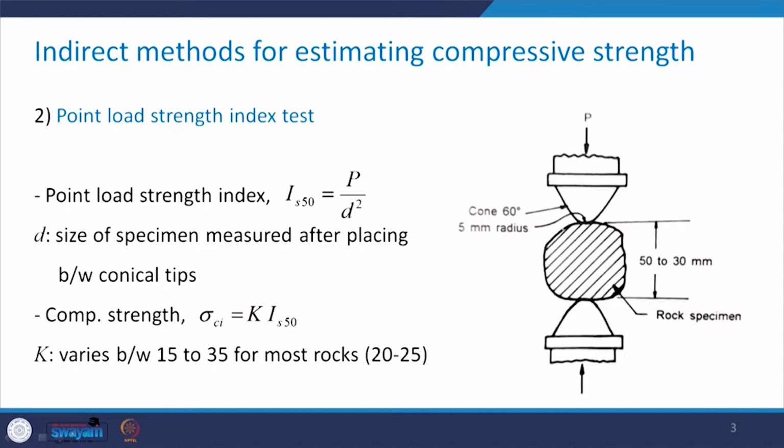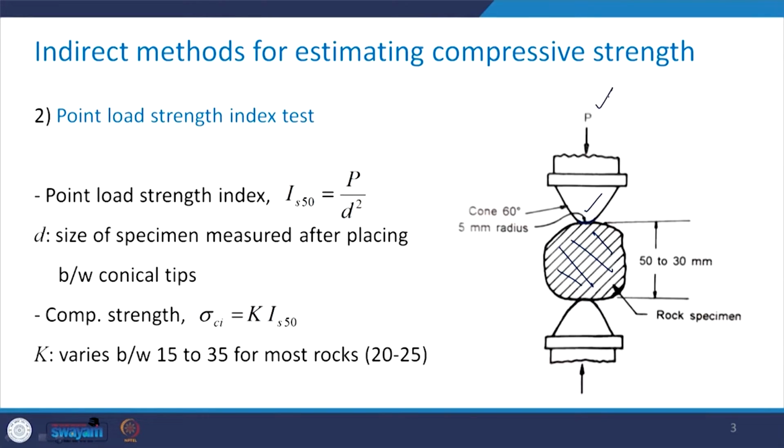As I mentioned, this is the line sketch. Here is the rock specimen, which may have a dimension from 30 mm to 50 mm, and you have the loading platens as cones having a 60° apex angle, with a 5 mm radius.